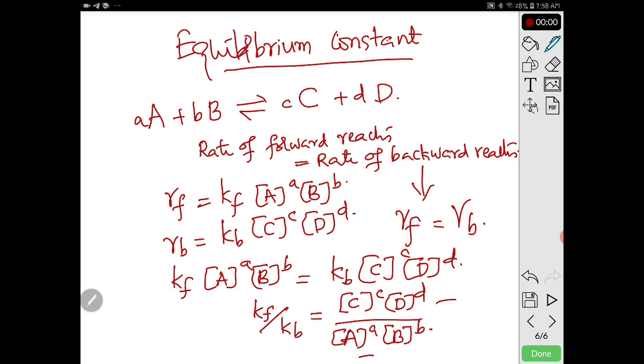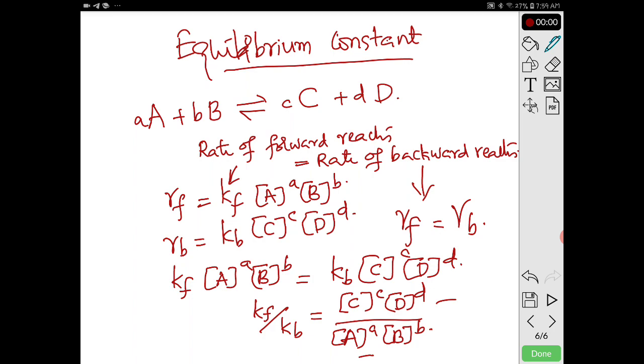Here, this Kf, which I didn't mention, is what we call the rate constant. You have learned this from chemical kinetics. What is the significance of the rate constant? It tells how fast the reaction is. If the rate constant value is very high, the reaction is quite fast.